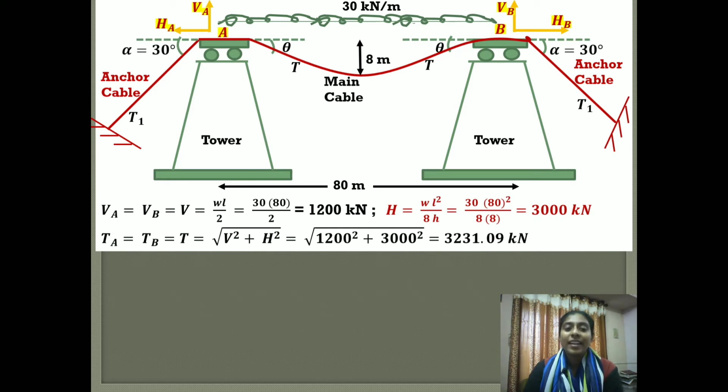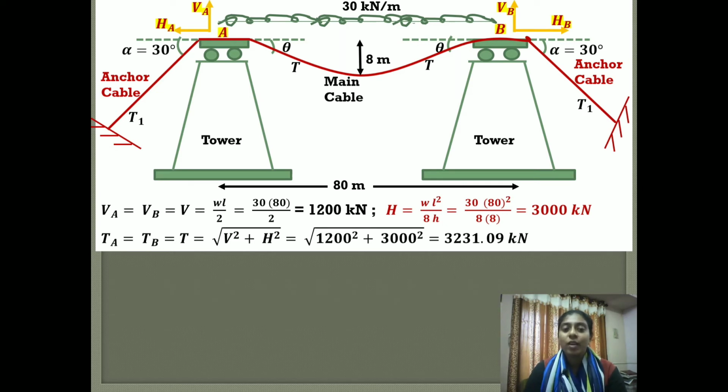Now, the tension in the cables, the maximum tension at the supports, maximum tension in the cable, TA is equal to TB, because the vertical reactions and horizontal thrust are the same at both the supports.